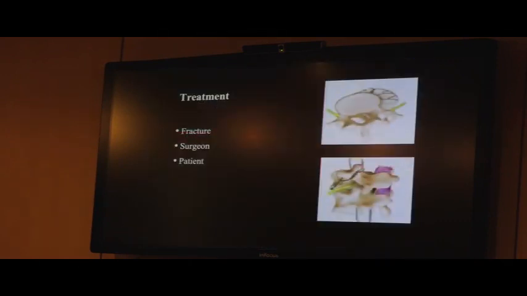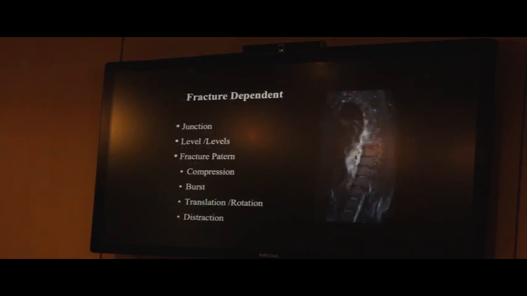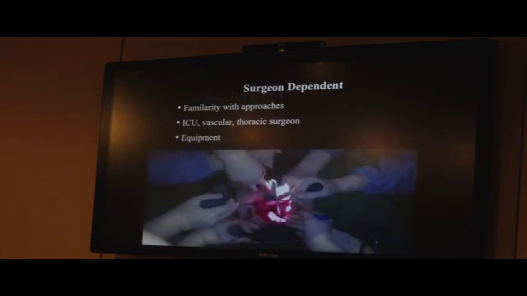So the treatments depend on the fracture, on the surgeon, and on the patient. The fracture depends on the level of the fracture. The junctions are very important. So you see how many surgeons are around the patient.